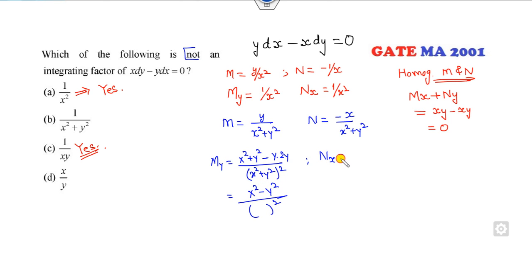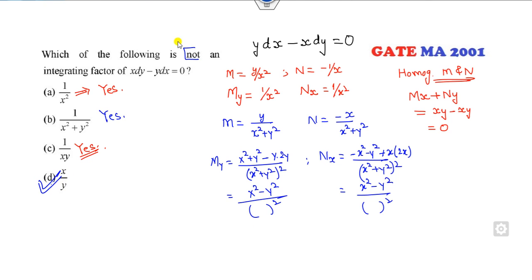What is the partial derivative of N with respect to x? This is minus x square minus y square, and minus minus plus x of 2x. So it will be x square minus y square over whole square. So both are same. Yes, this is the integrating factor, and the remaining one is not the integrating factor.